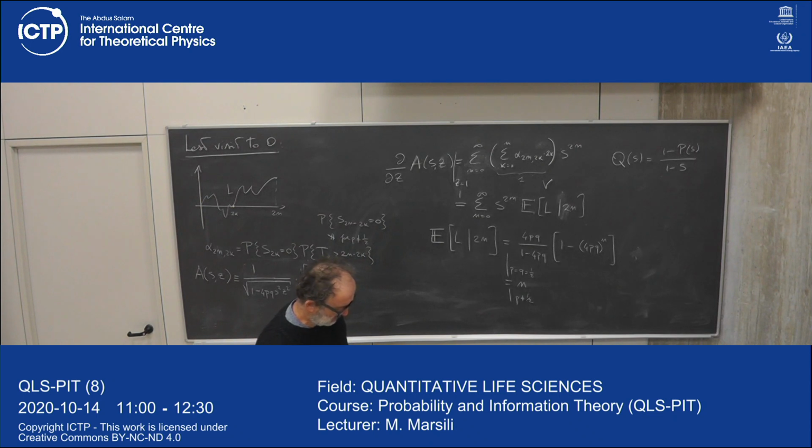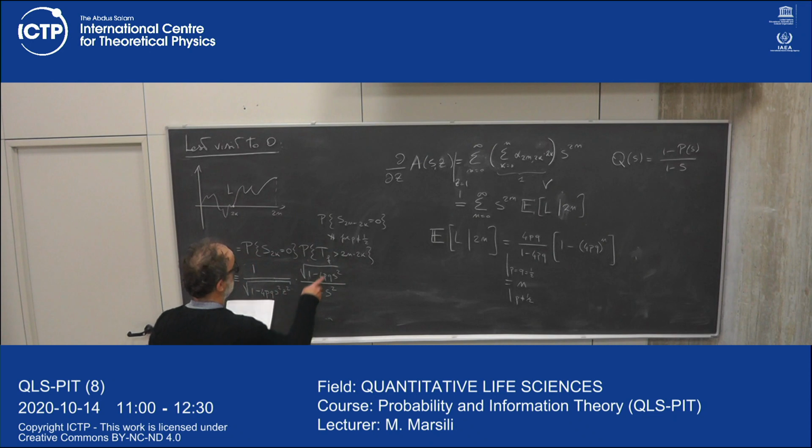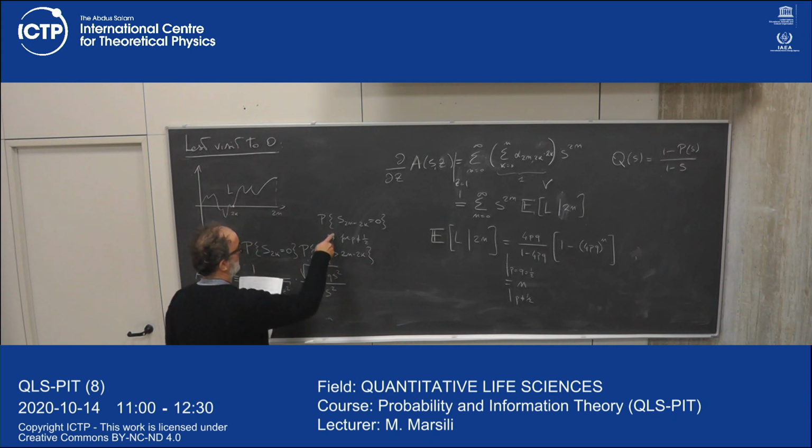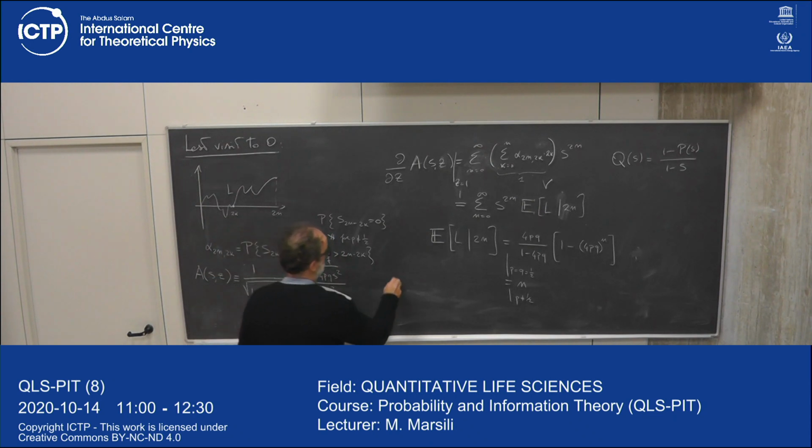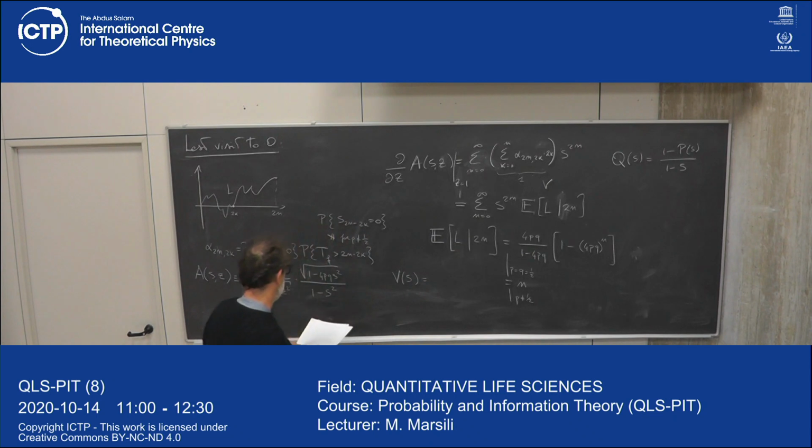The last thing I want to mention is that this particular equality that we had for p equal 1/2 meant that this generating function V of s should have been equal to U of s.